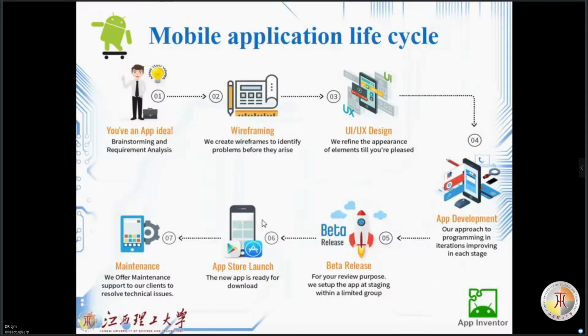In today's lecture, think as a person who has a company or one product and wants to make an app based on his or her product. Then the first step for us is the idea that we have about our app. The second one is wireframing, in which we create the wireframe to identify problems before they arise.